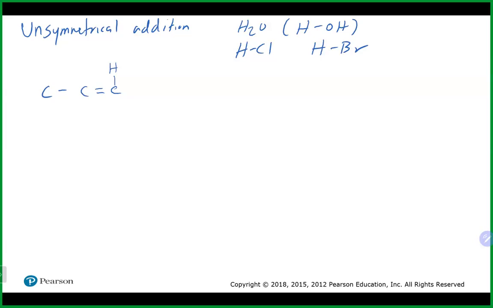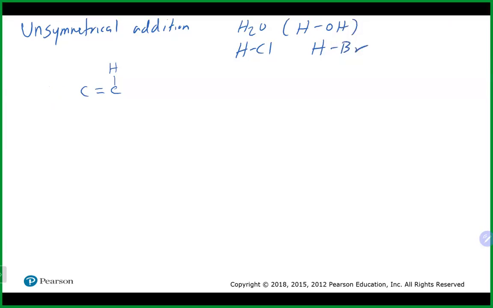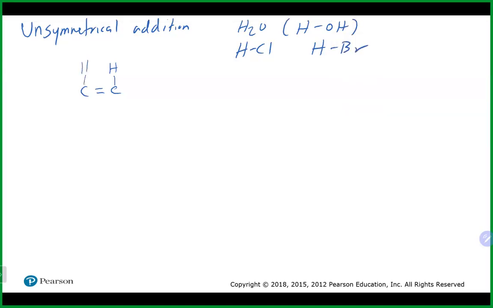Okay, we'll do this guy first, I think. So if we were to add water, and again, that is sometimes in these chapters displayed as H and OH being added, the same thing's going to happen. It's all going to happen right here at our double bond. And just like the other one, we don't have room for it.